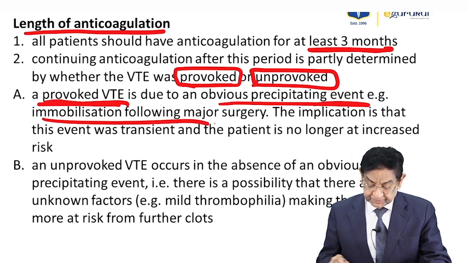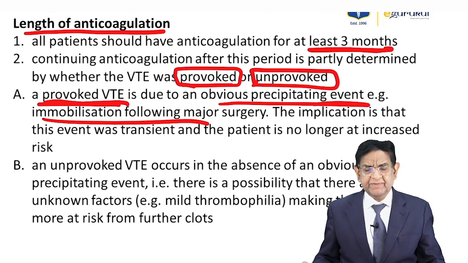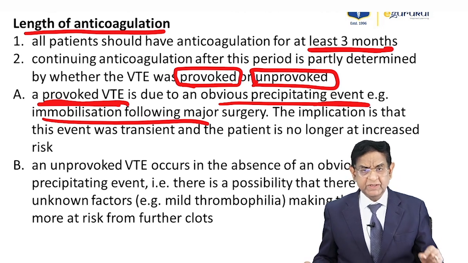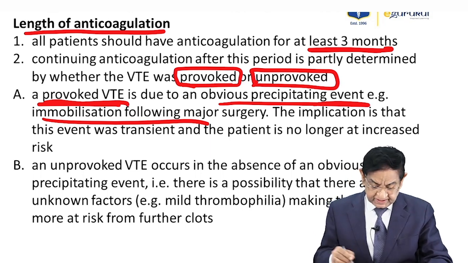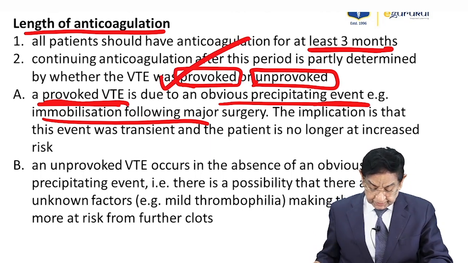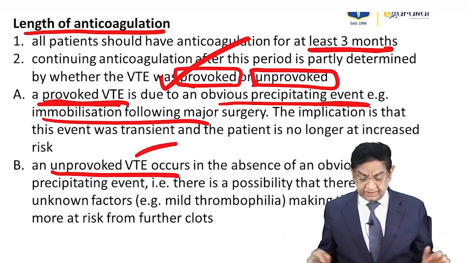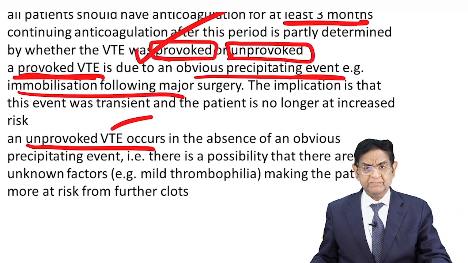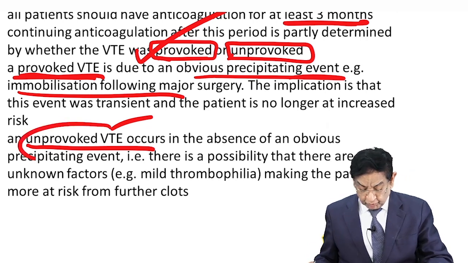The patient had surgery and was bedridden for a long time, or the patient had a delivery and was on the bed for a long time. So we have a definite predisposing factor, then we call it provoked. In unprovoked, there is no reason. Suddenly the patient developed pulmonary embolism, with no predisposing factor. This we call unprovoked.